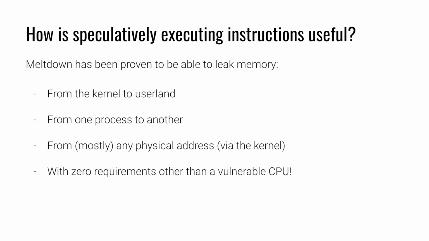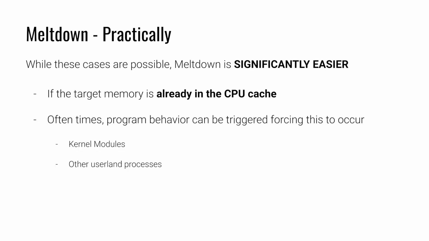And this can all be done with virtually zero requirements because, as you saw in the exploit code, the exploit exists as a standalone process. You write the exploit in C and it creates the situation so that it performs this speculative access. And so this doesn't really require anything other than a vulnerable CPU.